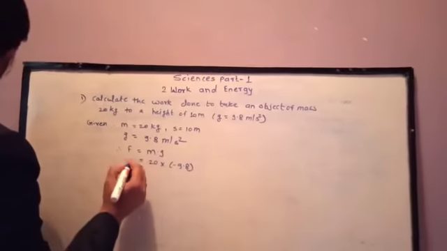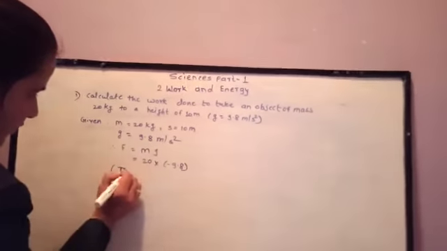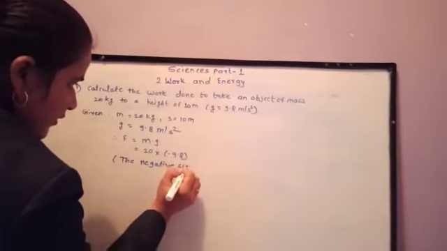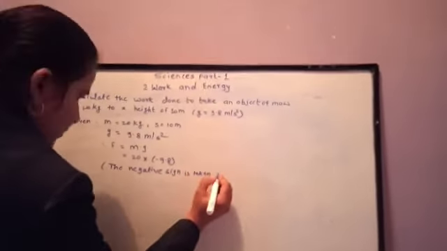The minus 9.8. The negative sign is taken because the displacement is opposite to the direction of the force.